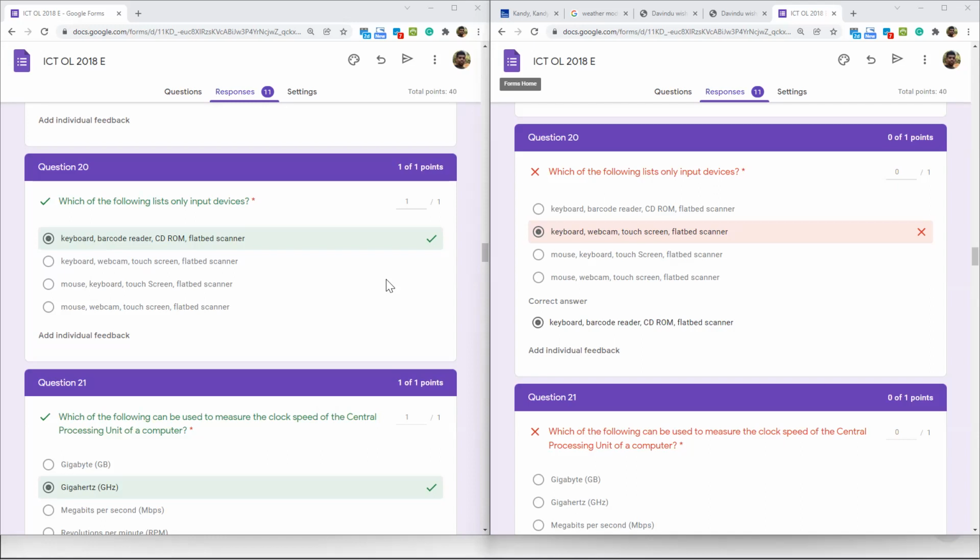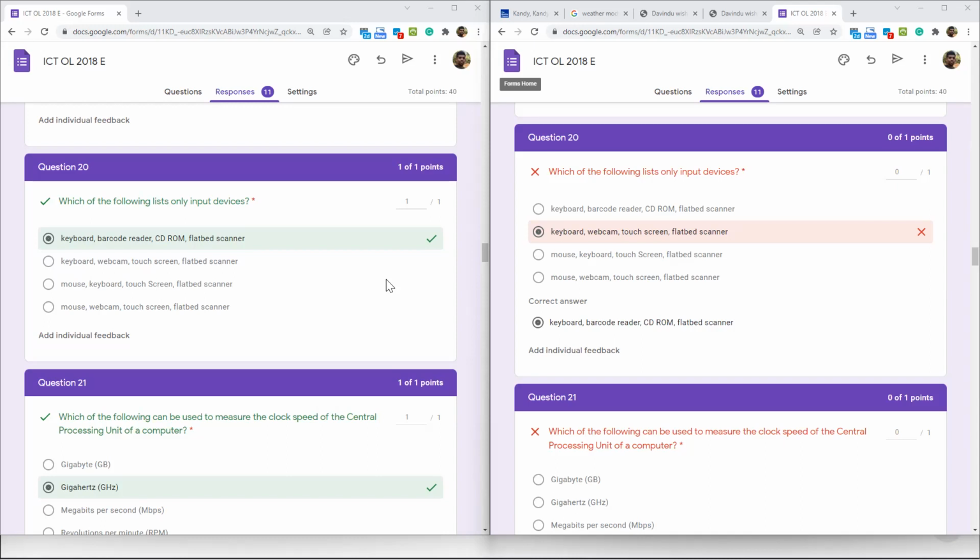Let's look at the first one: keyboard, it's an input; barcode reader, input; CD-ROM, I would say the best would be a storage device, not an input. Scanner is an input anyway. So let's look at the second one.